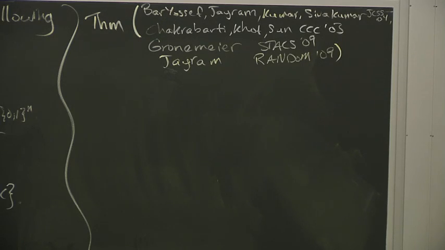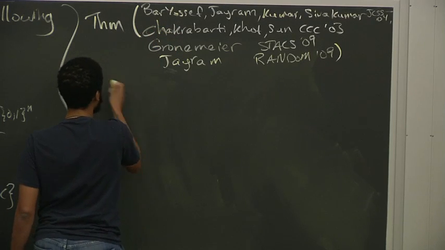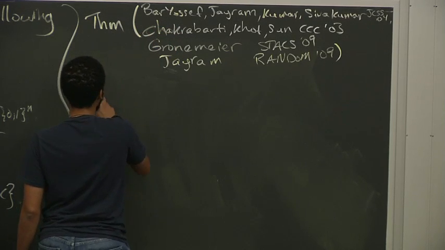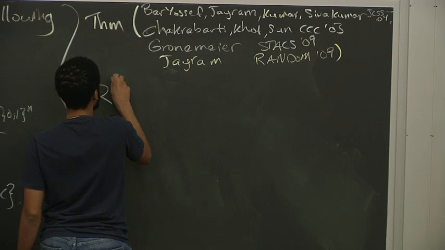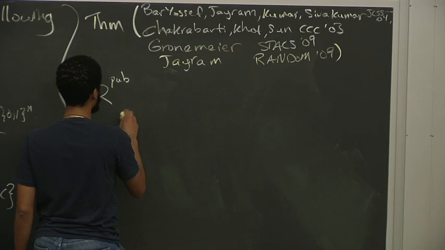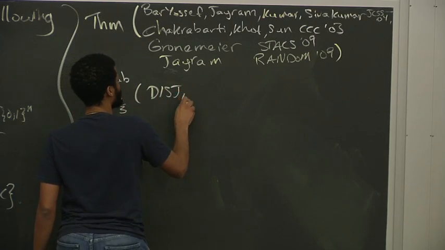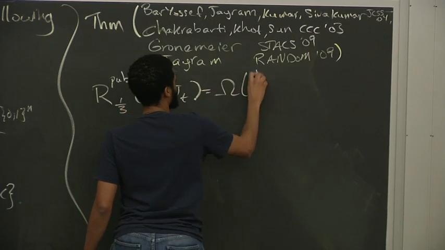And that would also have the extra log n in it. I don't see at the moment how to get rid of that, but it's a good point. So there's even a deterministic protocol, but this lower bound says that basically R pub, even the randomized public-coin complexity with error probability, say, a third, of disjointness on t players is omega n over t.